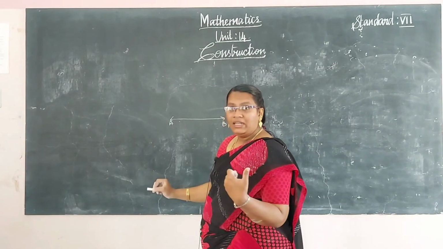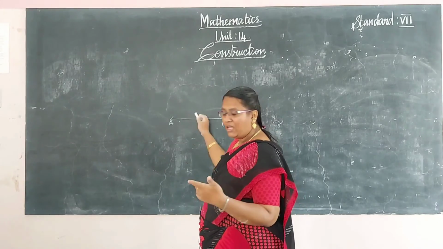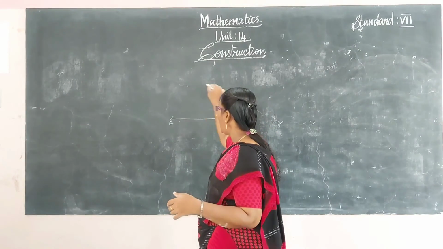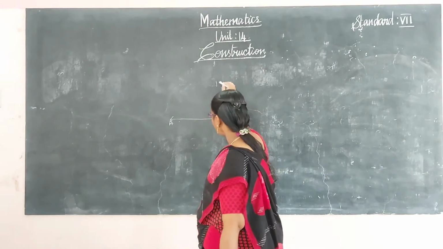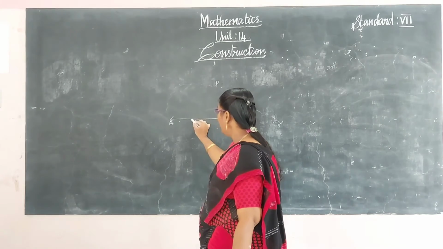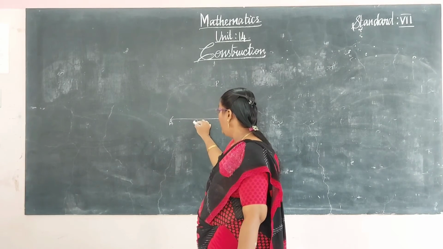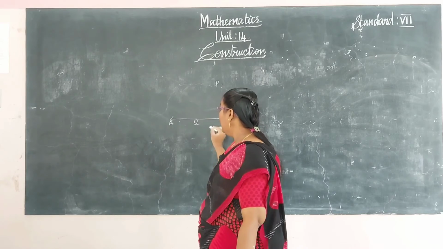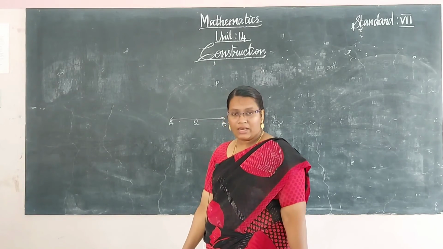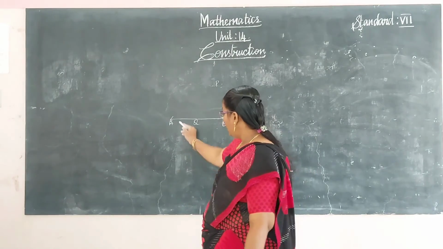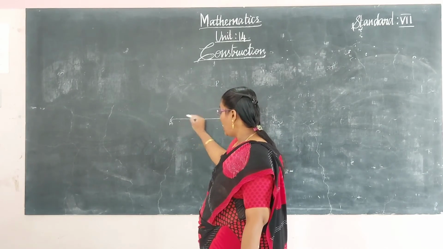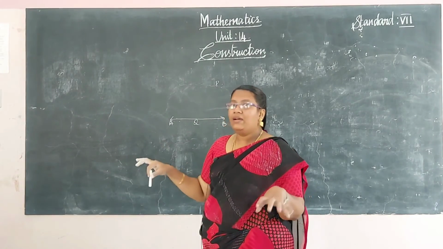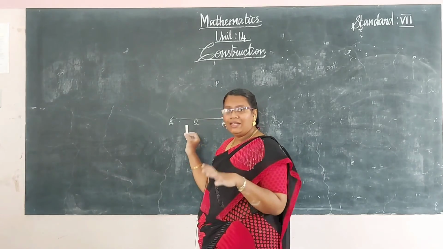Take any point outside of the line AB, call it P. Then take any point on the line AB, Q.